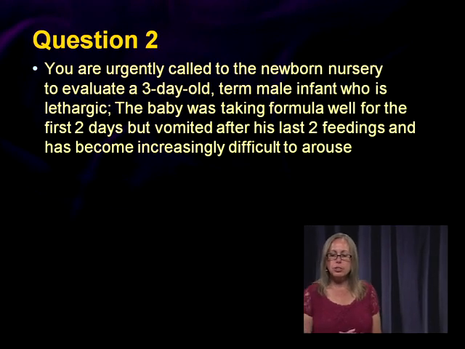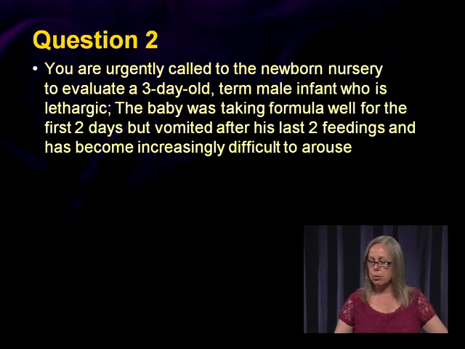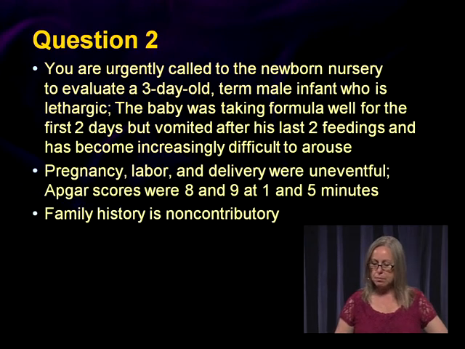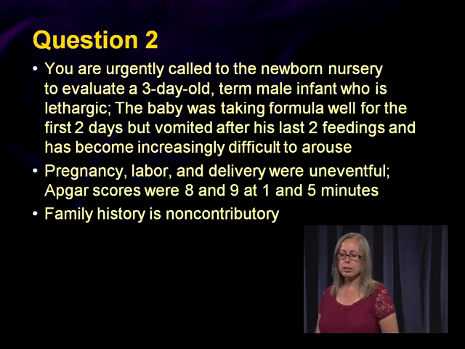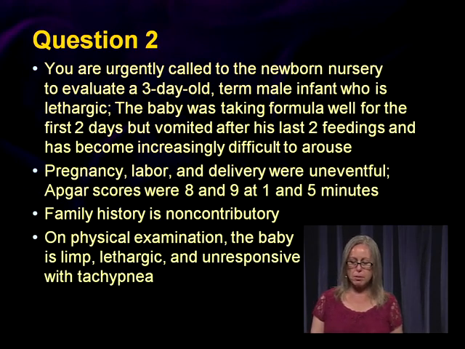All right, you are urgently called to the newborn nursery to evaluate a 3-day-old term male infant who is lethargic. Baby was taking formula well for the first 2 days, but vomited after his last 2 feedings and has become increasingly difficult to arouse. Pregnancy, labor, delivery were uneventful. APGARs were 8 and 9, and family history is non-contributory. Physical exam, the baby is limp, lethargic, and unresponsive with tachypnea.